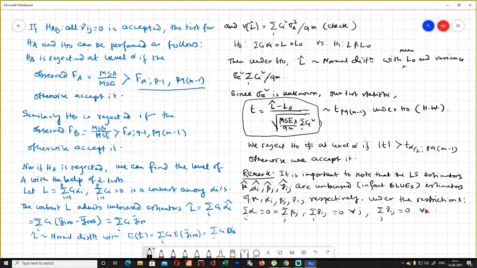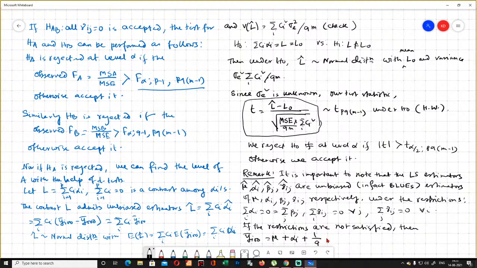If the restrictions are not satisfied, then y i not bar is equal to mu plus alpha i plus 1 by q sum over j of beta j plus 1 by q sum over j of e i j bar. This is from the normal equation.